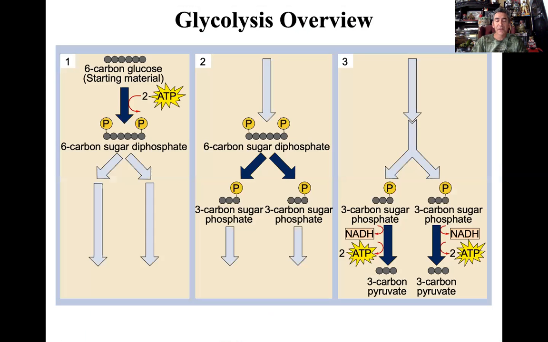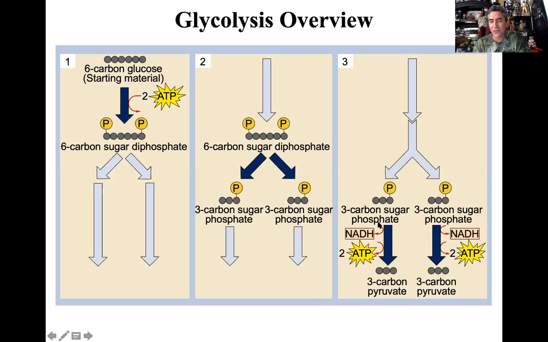So again, to show it in a slightly different way, think of the little black marbles here. So 1, 2, 3, 4, 5, 6. There's our 6-carbon glucose molecule. We invest 2 ATPs. We then break that 6-carbon molecule into 3-carbon and 3-carbon. We load more phosphates, and then we peel off those phosphates and give them back to ADP to form ATP.